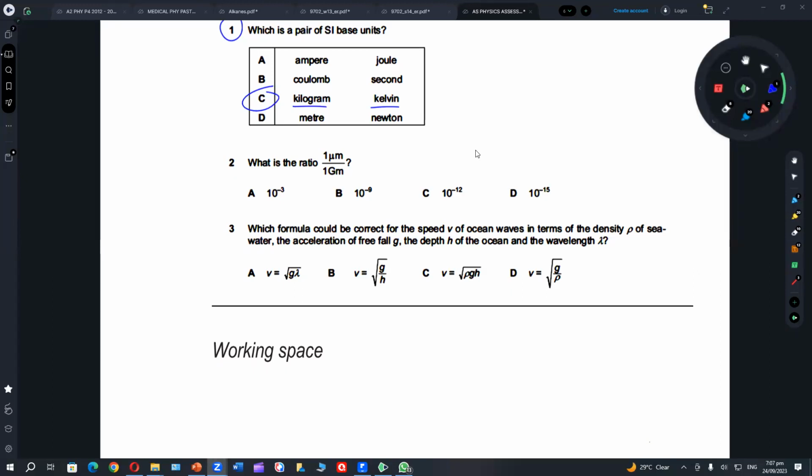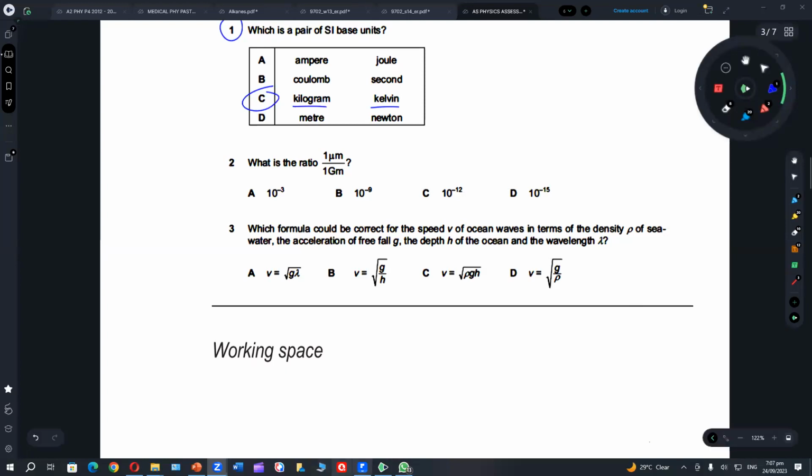What is the ratio 1 micrometer is in 1 gigameter? Achha.